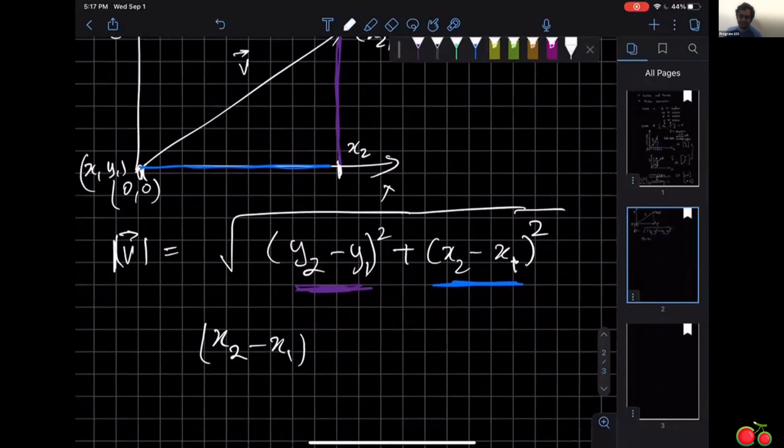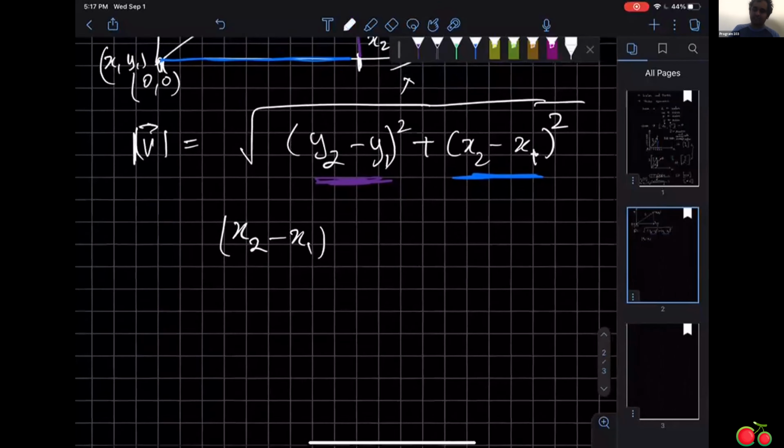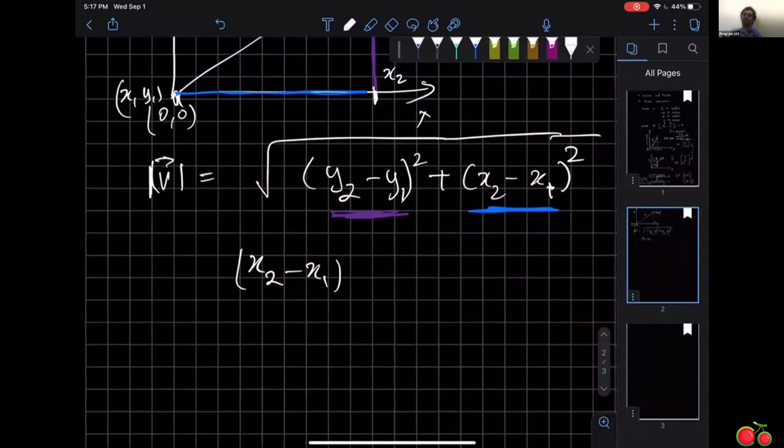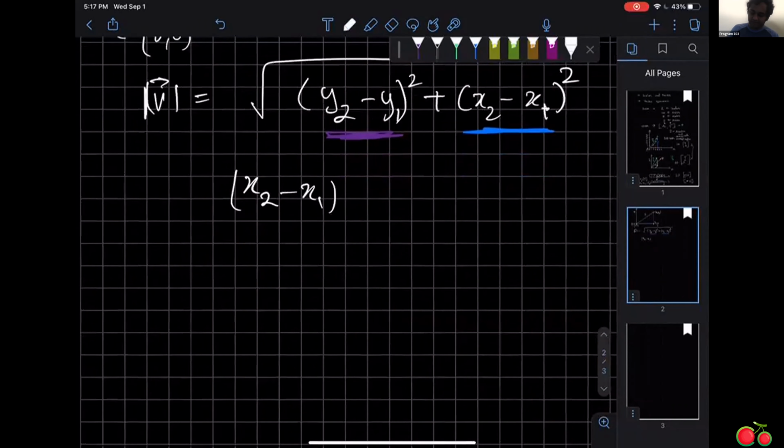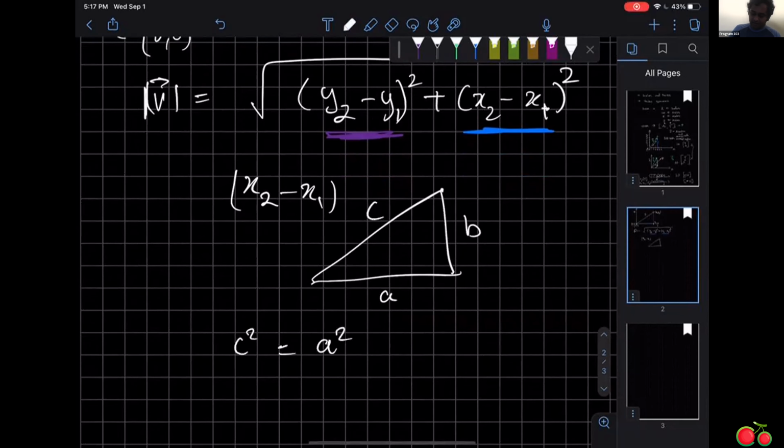And then essentially what I'm doing is how you calculate the hypotenuse of a triangle. You would have done this in school, which is literally just like you have a, b, c, right? So c squared is equal to a squared plus b squared. That's all it is, and then c is equal to the square root of a squared plus b squared. This is just basic geometry.